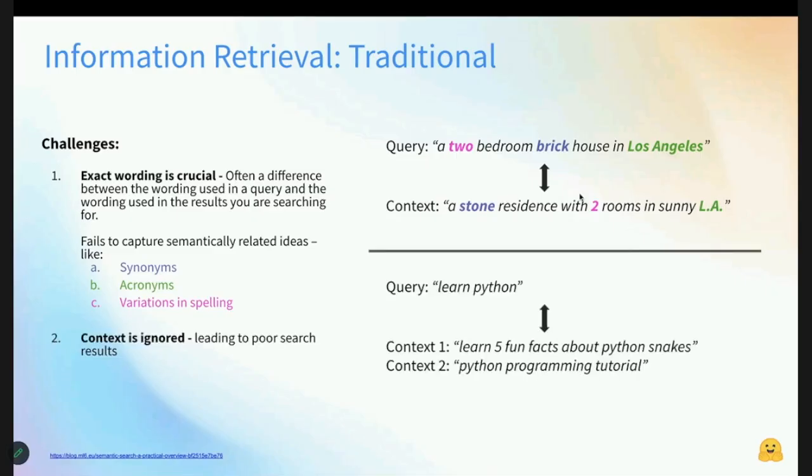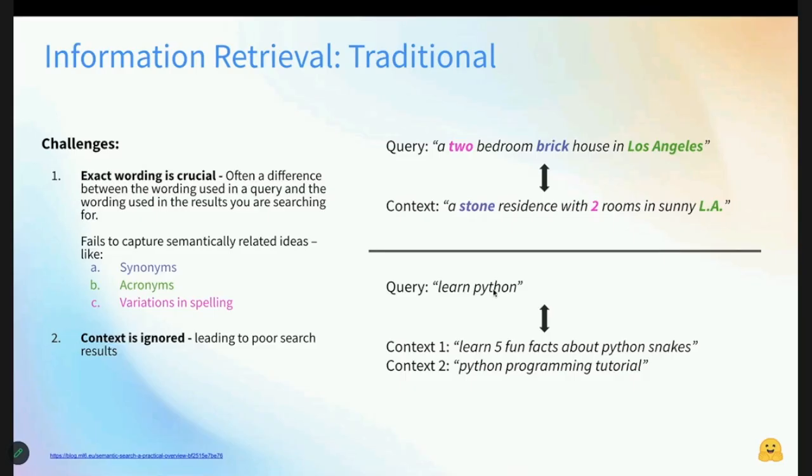Another major issue is this idea of context being ignored. And this is really what semantic search is all about, this idea of context. So if you take this example here where a user types into the search engine, learn Python, and you have these two documents in your corpus, learn 5 fun facts about Python snakes and Python programming tutorial. Well, again, we know that this user is most likely searching for some programming tutorial.